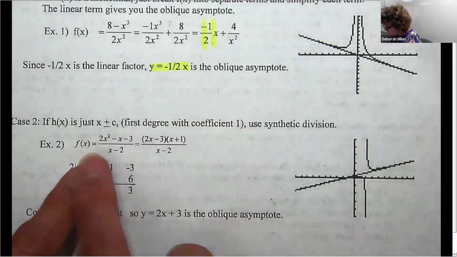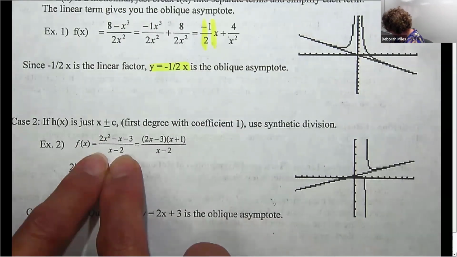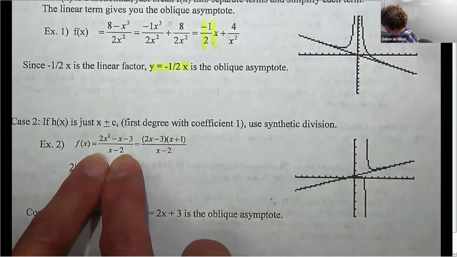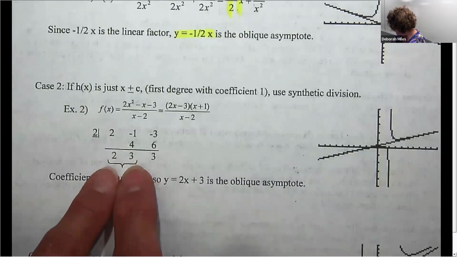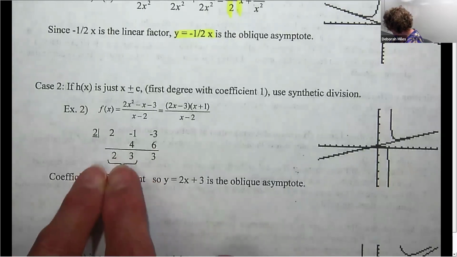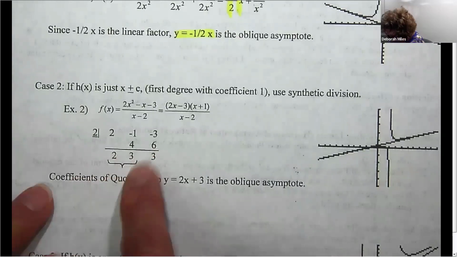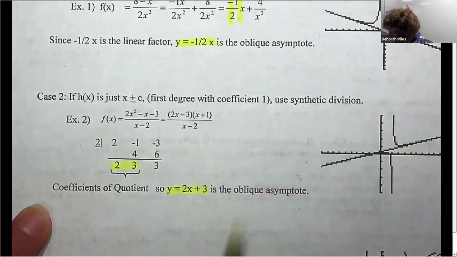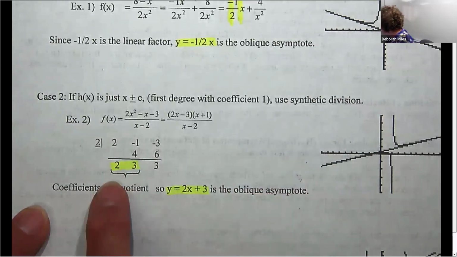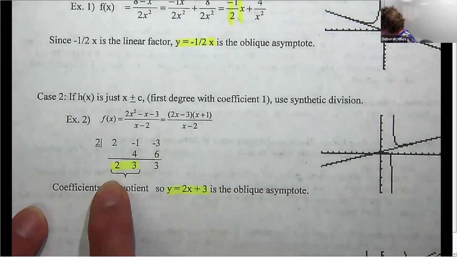If you're dividing just by x plus or minus a constant, you can use synthetic division to get your slant asymptote. Again, use synthetic division. That bottom line is the coefficients of your quotient and your remainder. So the oblique asymptote would be the linear portion, the quotient, y equals 2x plus 3.